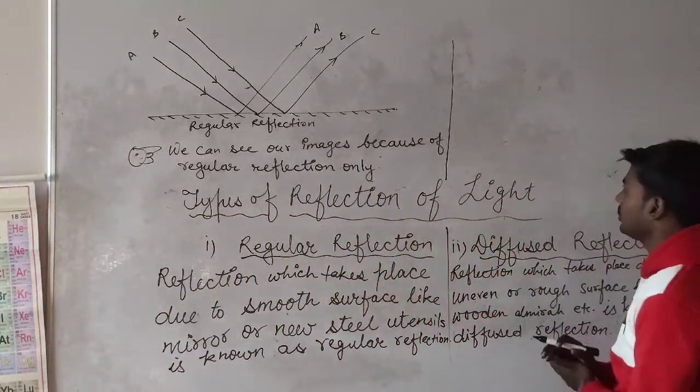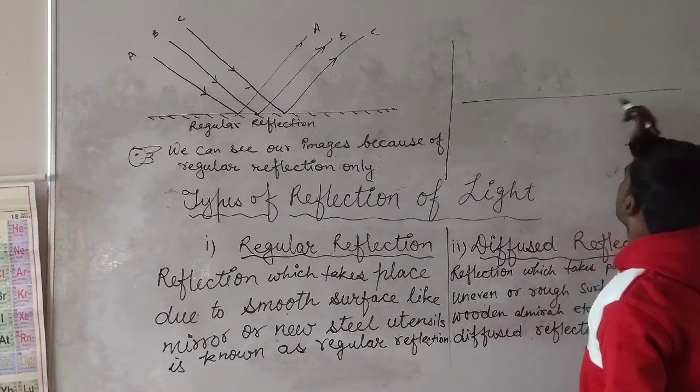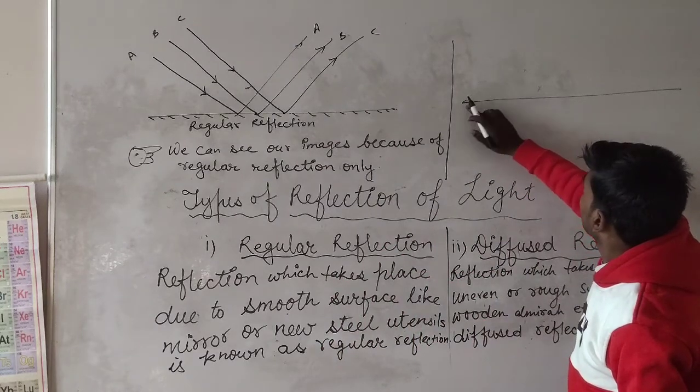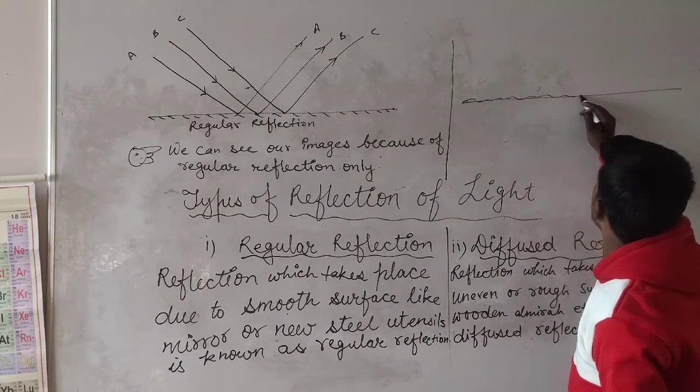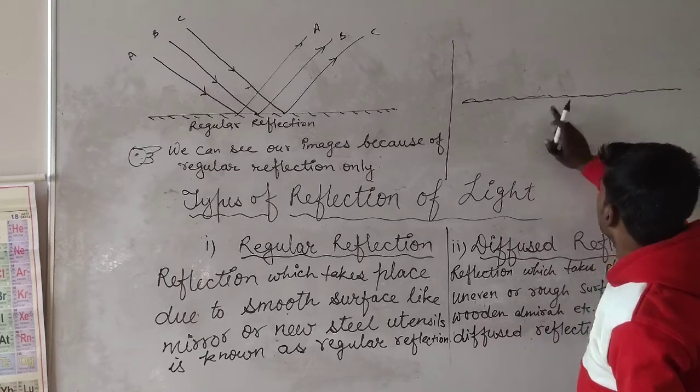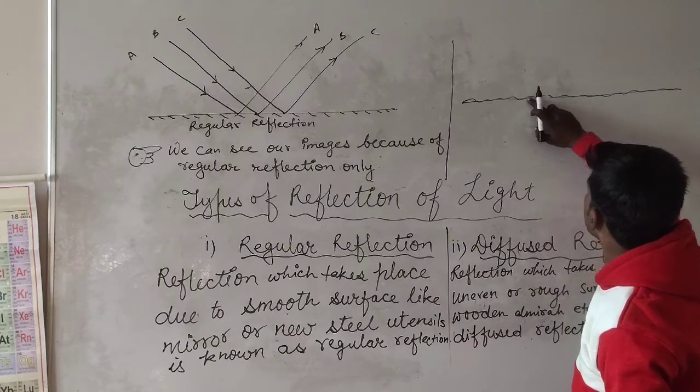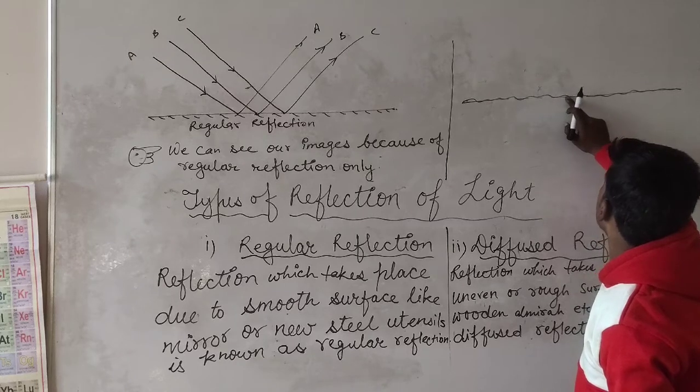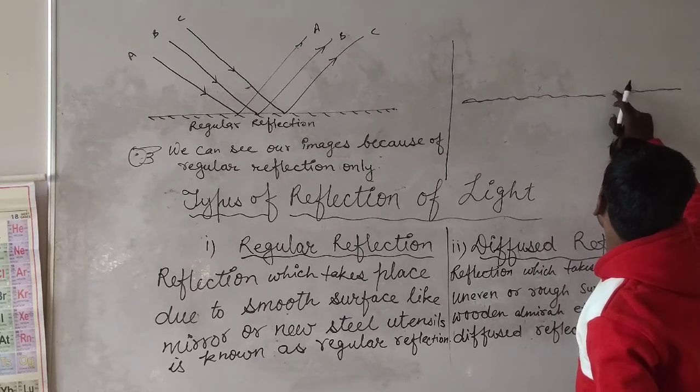Now let's talk about diffuse reflection. Now the surface is like this, not smooth. What will happen?